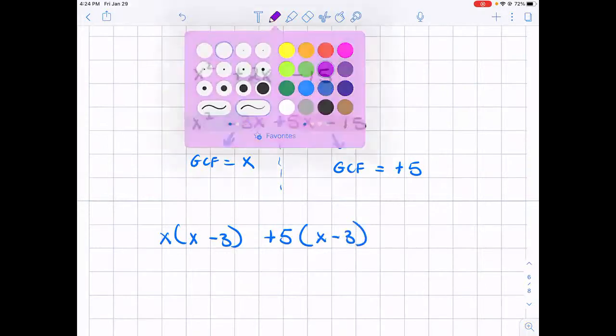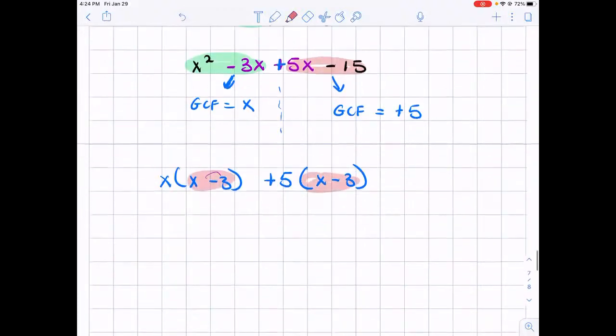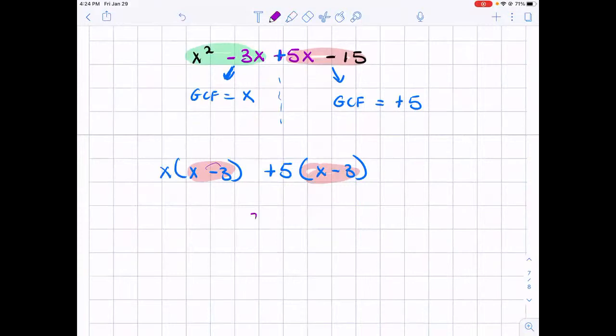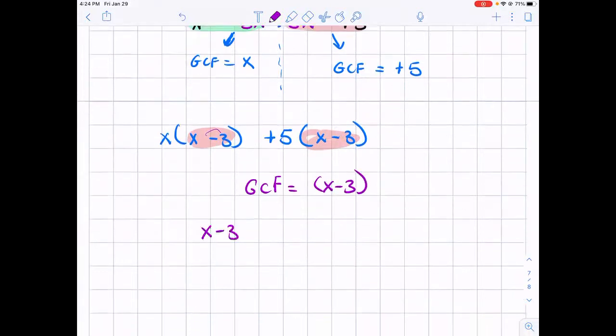Observe once again, this will always be the same, okay? This is the same as this. So we have a GCF again. GCF is x minus 3. And if we take out x minus 3, we have x plus 5 remaining. Okay?